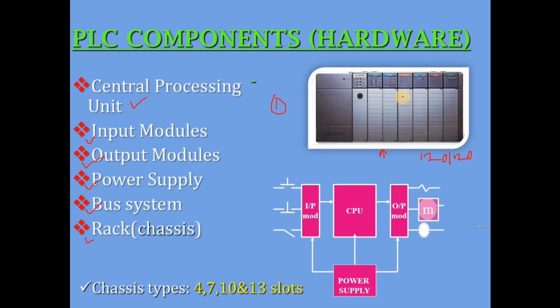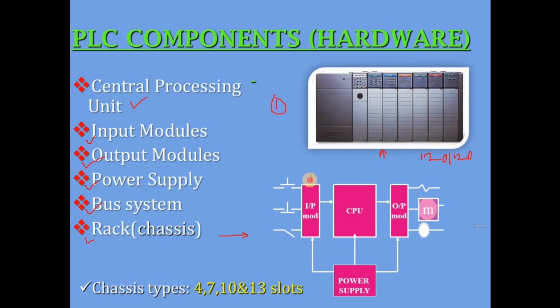That one we can call the central rack or central PLC, and in the remaining PLCs, the CPU should not be there. In an upcoming session, I will tell you in detail about the connections of the PLCs as well, right?